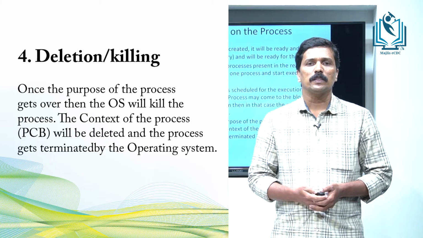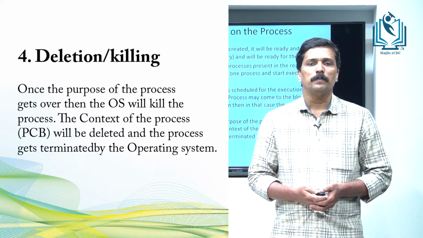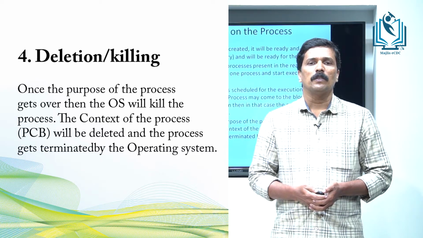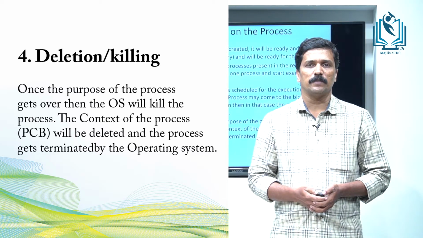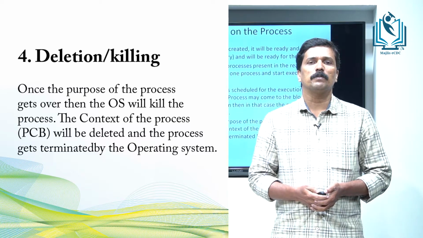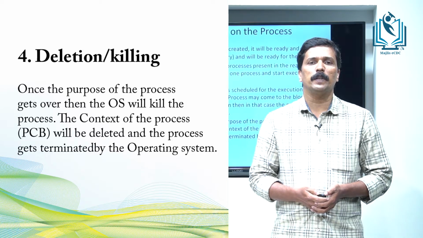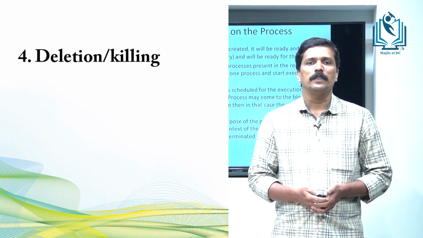Once the process completes its execution, the operating system deletes or terminates the particular process from the execution state to terminated state. When a process is terminated, the operating system deletes the context of the program, that means the PCB of the particular process, from the CPU.